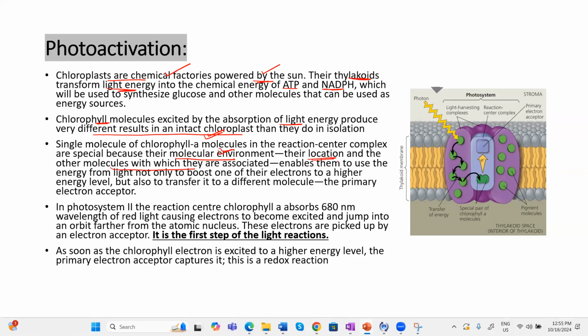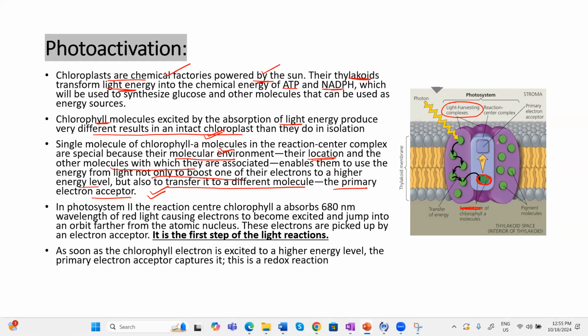What happens here, if you see, is that the light energy not only helps to boost their electrons to a higher energy level, but also provides energy to transfer it to a different molecule. That is the primary electron acceptor. See here, these are your accessory pigments, the light harvesting complex, already explained in the previous video, please check it. This is the chlorophyll molecule. This is one chlorophyll molecule according to our NCERT.